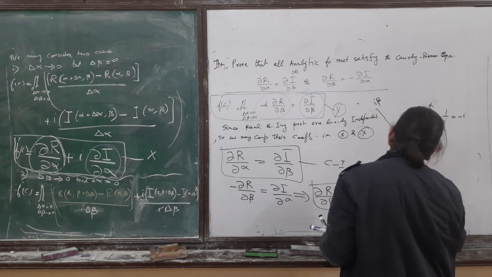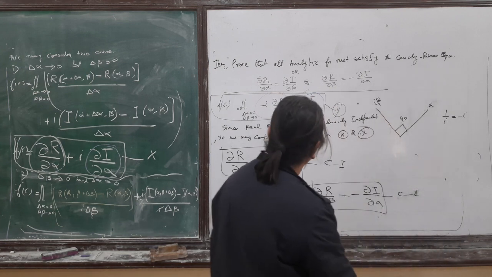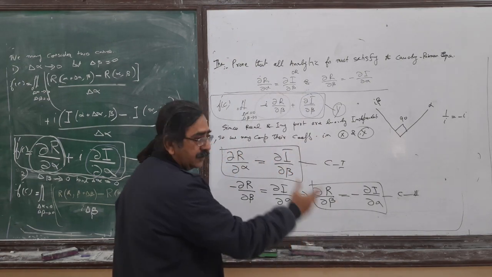This is C2. This was C1, this is C2, so that is the proof.